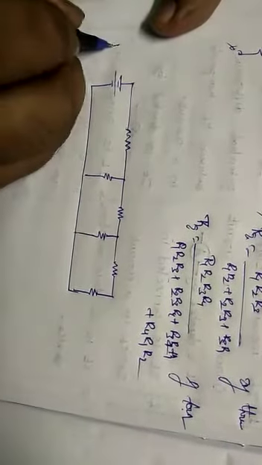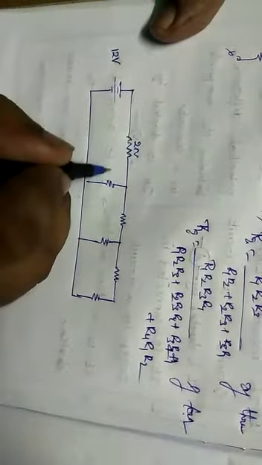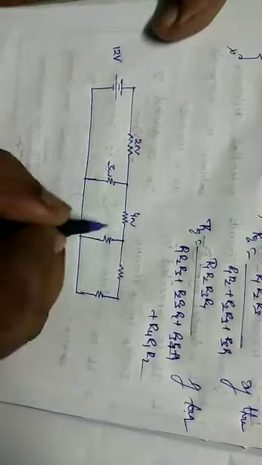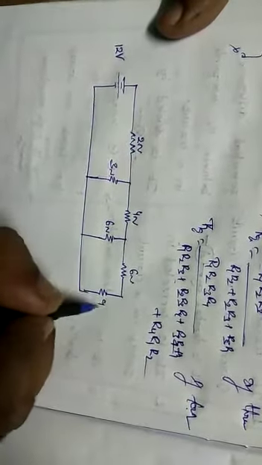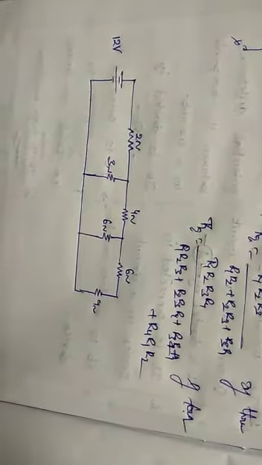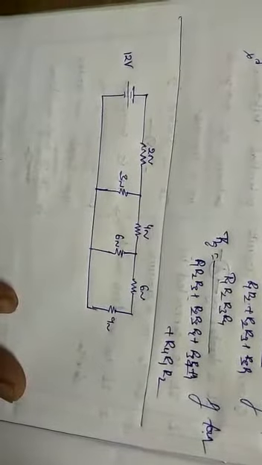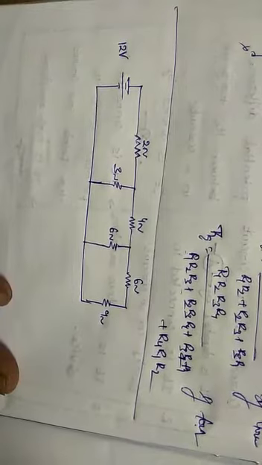So here 12 volts, 2 ohms, 3 ohms, 4 ohms, 6 ohms, 6 ohms, 9 ohms, like this. So first, how can we solve this circuit? So what is series, what is parallel?